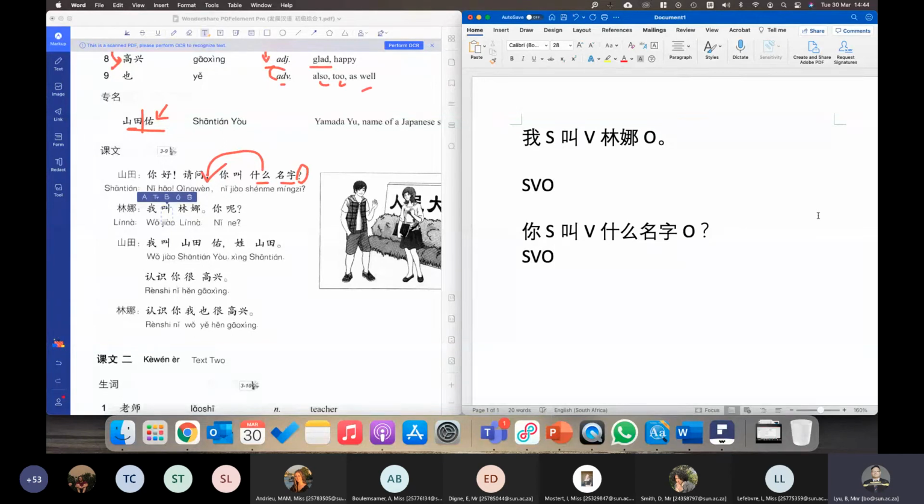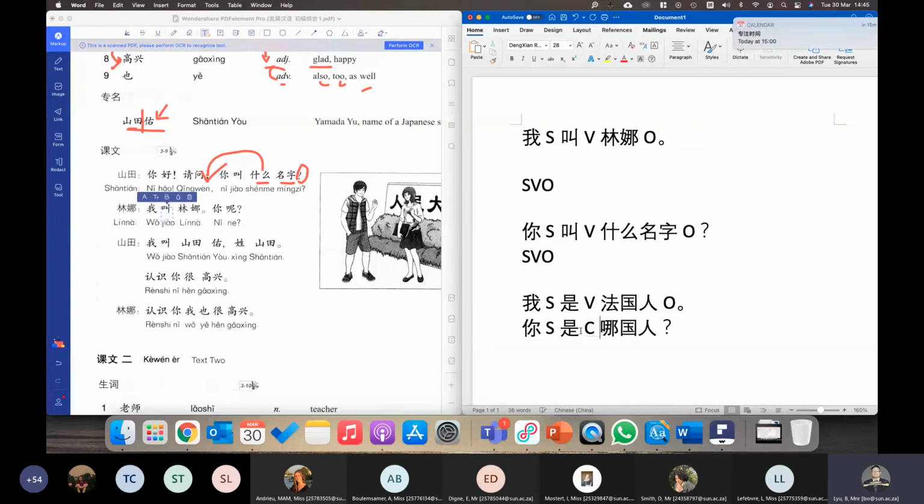Same thing as 我是法国人. 你是哪国人? Subject, verb be, noun as object. Subject, verb be, question pronoun, which is still a noun, right?